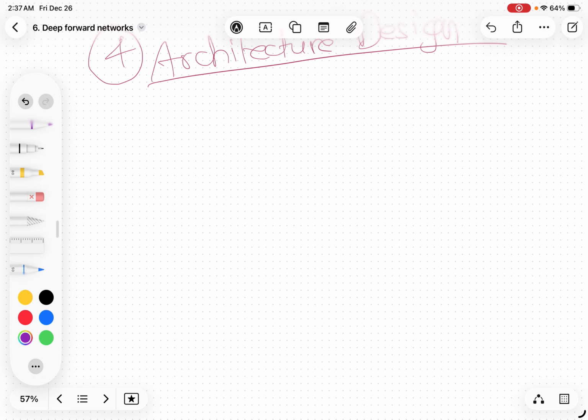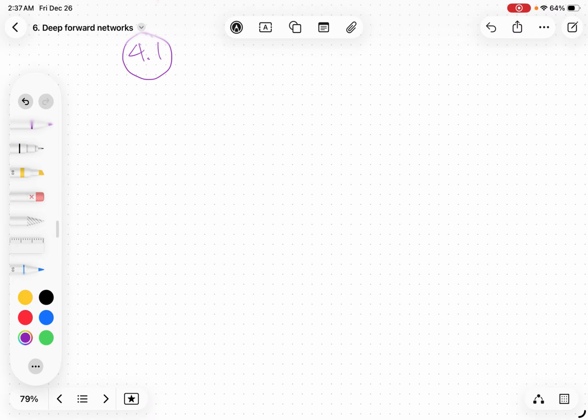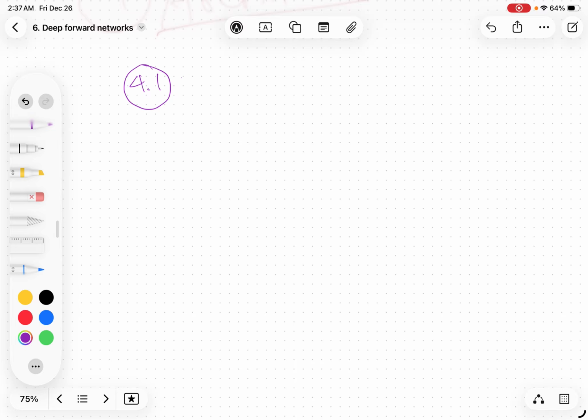Like the no free lunch theorem goes, there's not one thing that is just better for a lot of things. It's just not the case. So let's go through universal approximation properties and depth.